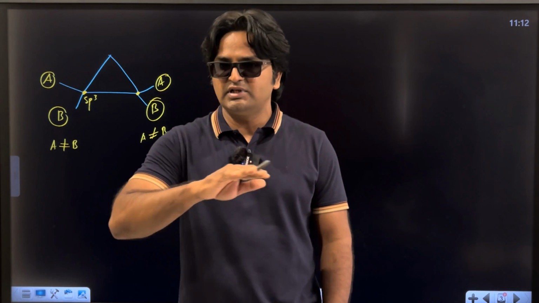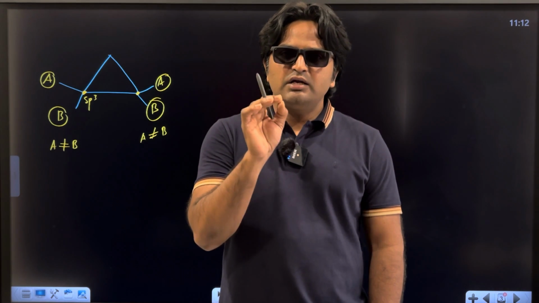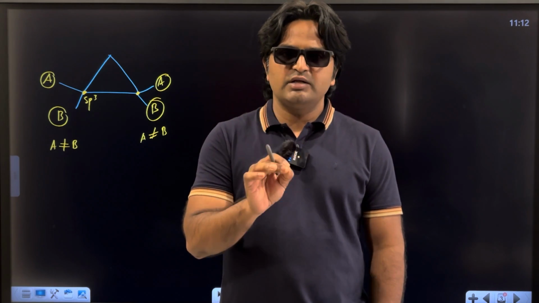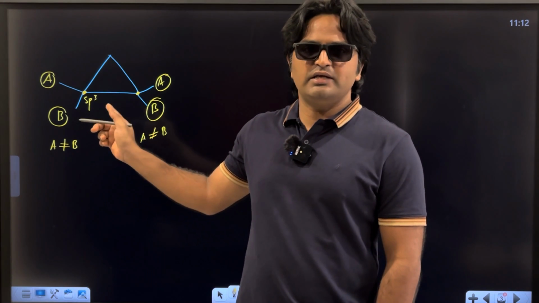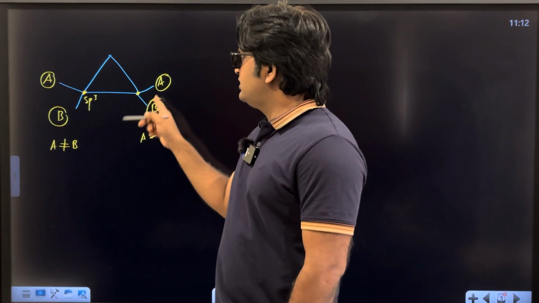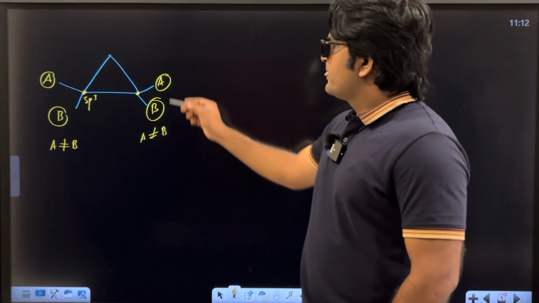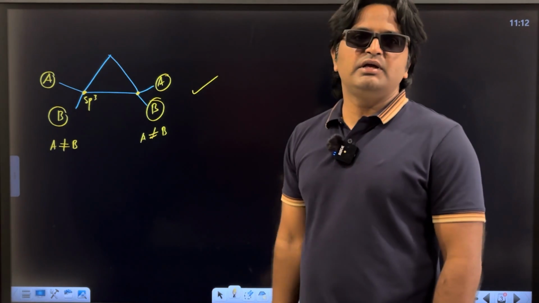Whatever the ring size, 3, 4, 5, 6, 7, 8 member ring, to exhibit geometrical isomerism we need at minimum 2 sp3 carbon atoms with substitution like this. That is the minimum condition, okay? Here A is not equal to B on both carbons, so this molecule can exhibit geometrical isomerism.